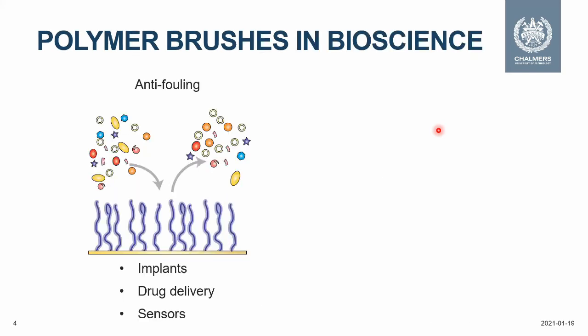So in bioscience, polymer brushes have found two major applications. The first is anti-fouling, which means that molecules are repelled and prevented from reaching the underlying surface. Anti-fouling coatings are useful in implants, drug delivery vesicles, and in biochemical sensors, where one wishes to minimize non-specific surface interactions with proteins and other biomolecules to prevent undesired effects.